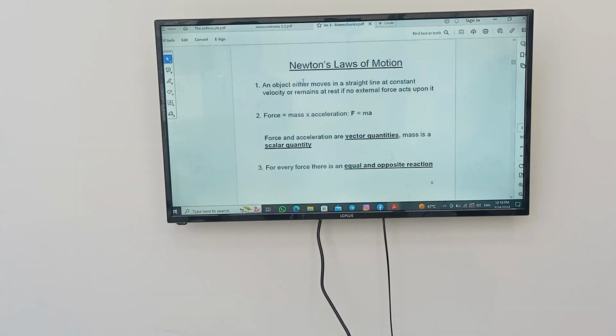This force that will affect the motion of any object, we're going to know its value by multiplying the mass by acceleration. Force equals mass by acceleration. Force and acceleration are vector quantities, and mass is a scalar quantity. That's the difference between them. For every force, there is an equal and opposite reaction.